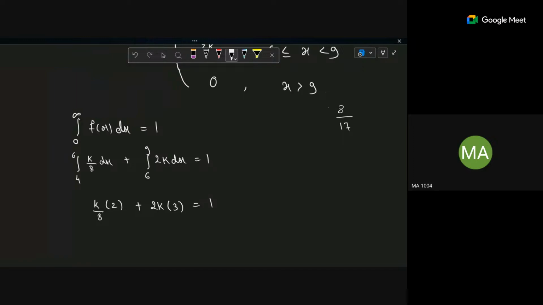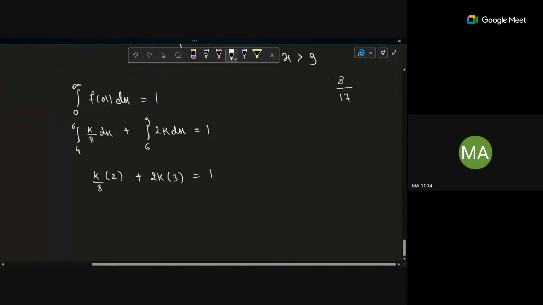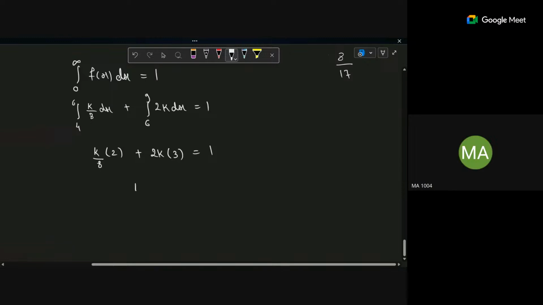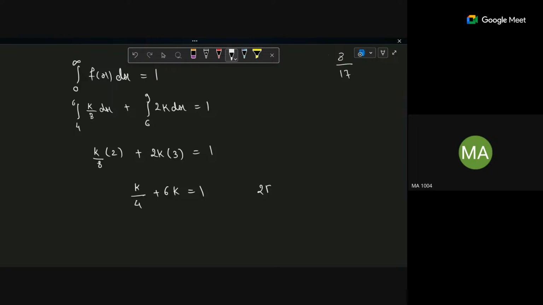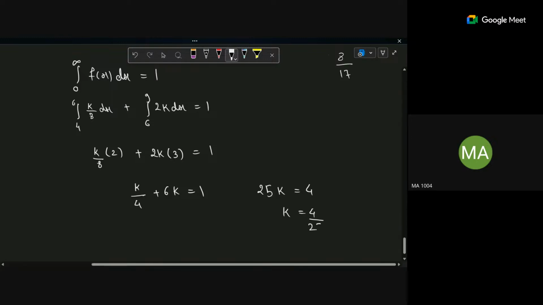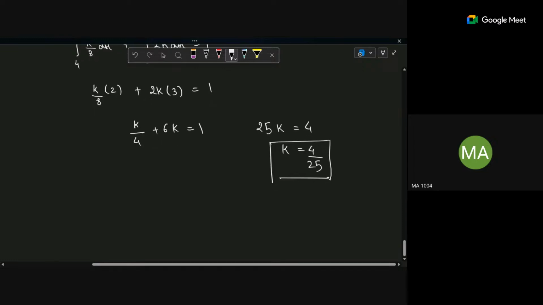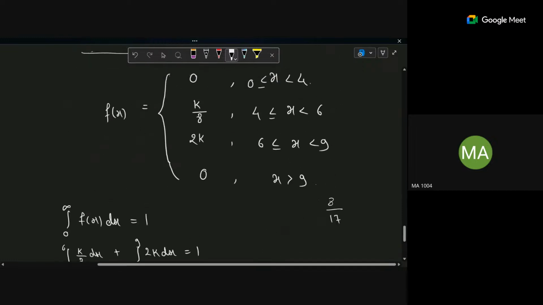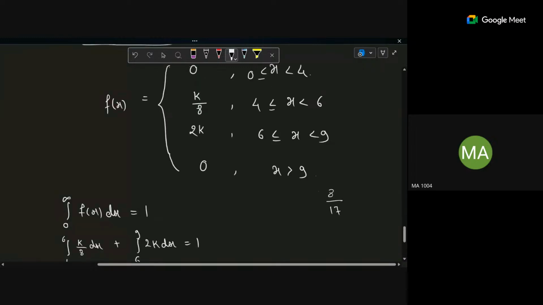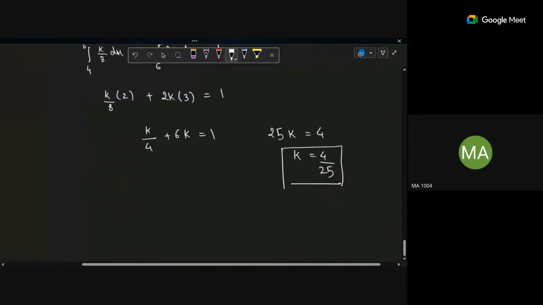Is it correct? Yes, ma'am. Okay, k by 4 plus 6k is equal to 1. So 25k is equal to 4, so k is equal to 4 by 25. So this is how you calculate the value of k if you are given the PDF.